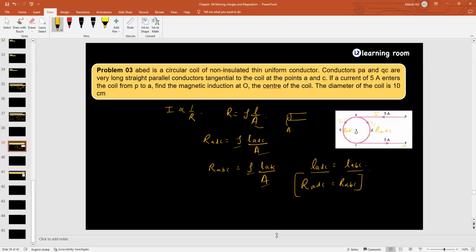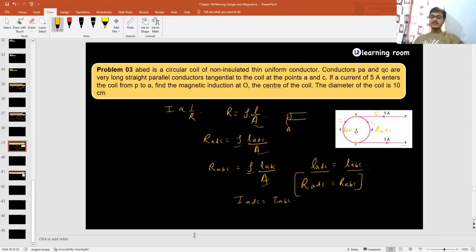Right? So if resistances are same and the 2 points between which we have to flow the current, both the points are same for these particular length of conductor. So can't we say that IADC is equals to IABC? Yes. Everyone? Any doubt? No, sir.